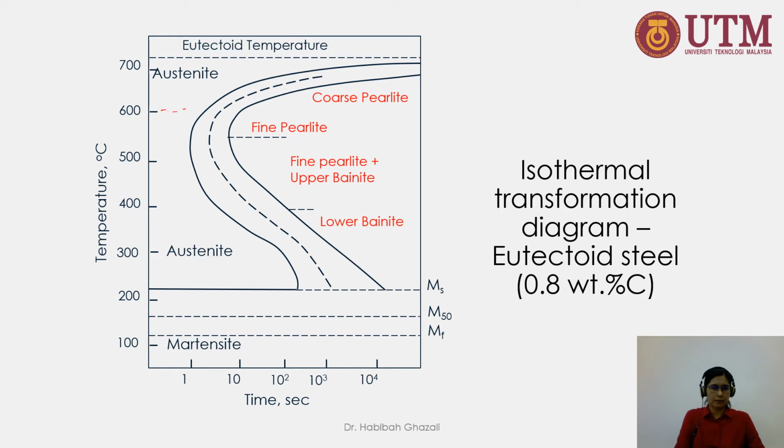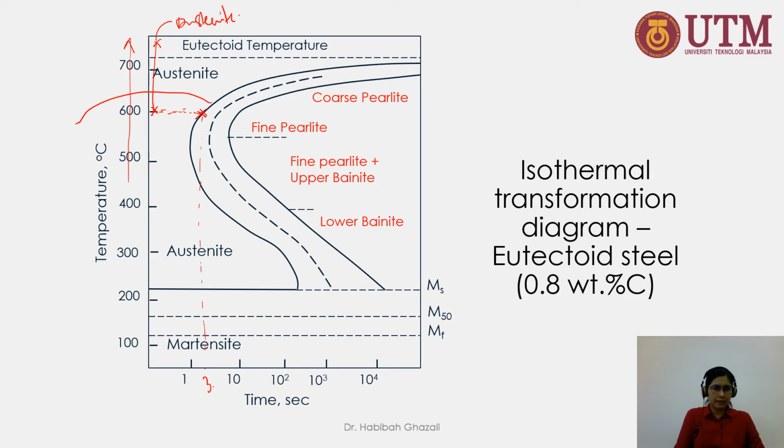So if you have a look at this eutectoid steel, if we do this isothermal transformation at 600 degrees Celsius. First, during this isothermal hardening, we heat it up to a temperature above the eutectoid temperature, where everything will transform into austenite. If we quench it to a temperature of 600 degrees Celsius and hold it at that temperature for a period of time, what you would expect is that after several seconds, which is here about 3 seconds, the first transformation to pearlite will happen.